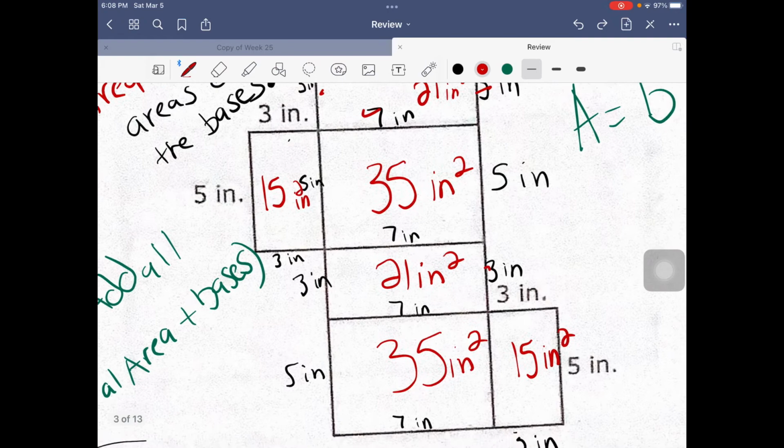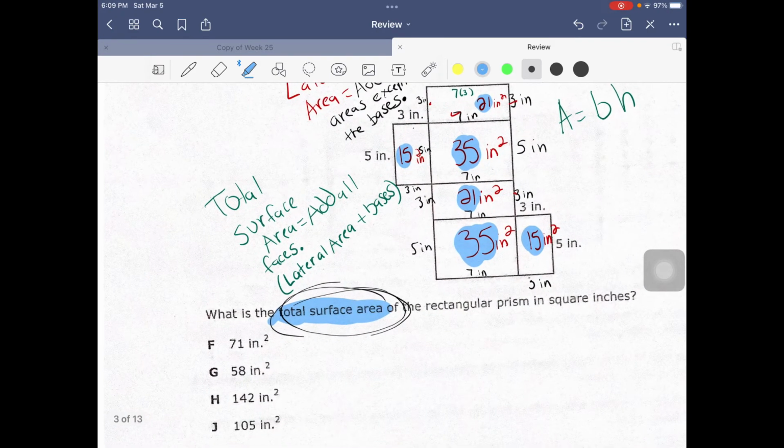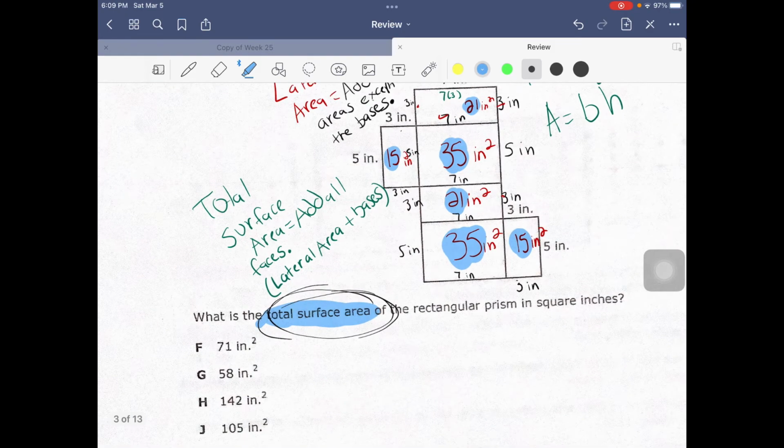So what do you think we're going to do to find the total surface area? Add all of them, exactly right. Vamos a sumar todo. What's 35 plus 35 plus 21 plus 21 plus 15 plus 15? Pues vamos a checar.